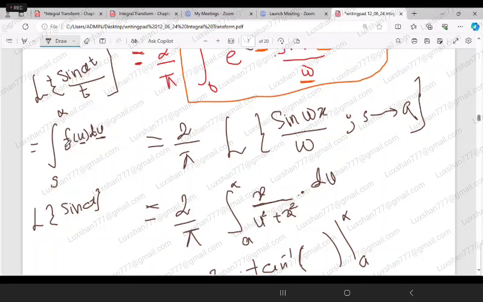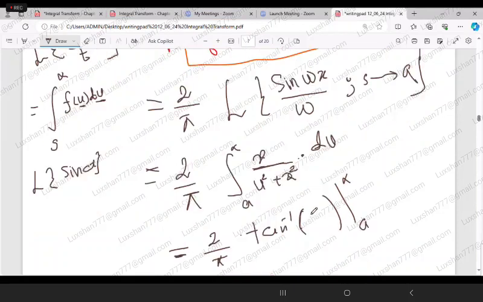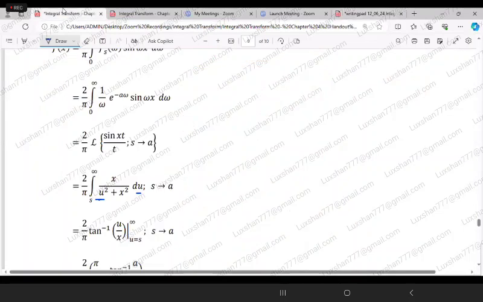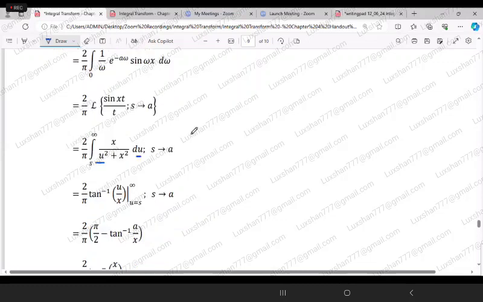Okay, so actually here, if you integrate this one, you will get it in a, because our variable s is a. So this is actually equal to u over x, isn't it? U over x. Here u is equal to that one.